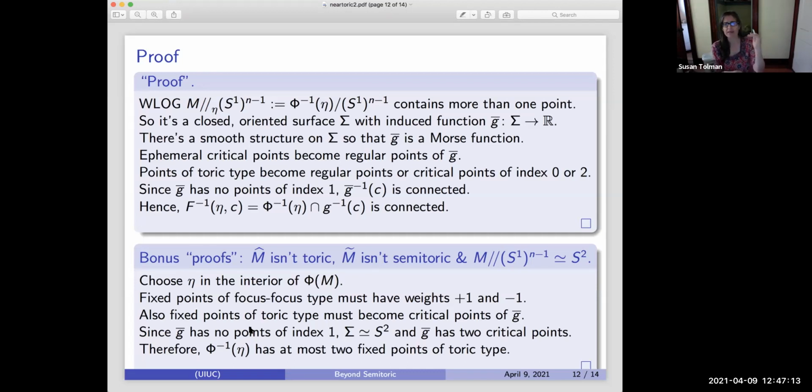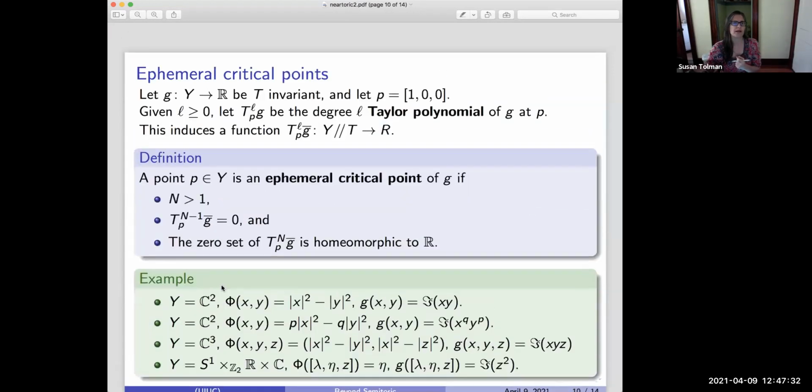But also, it can only have two critical points: a unique local minimum and a unique local maximum. And what we notice is if it's toric, then every fixed point must be a critical point, and it can only have two critical points.